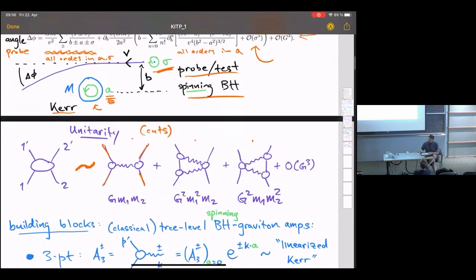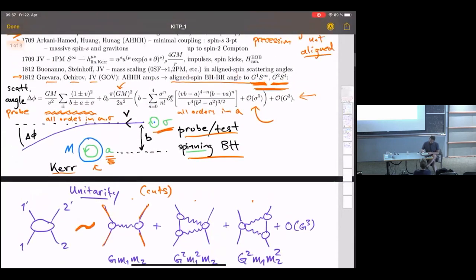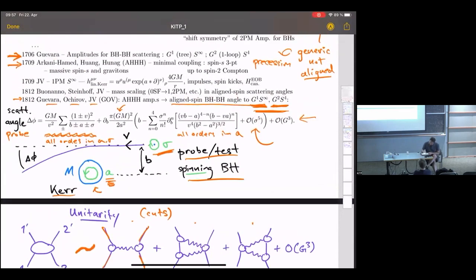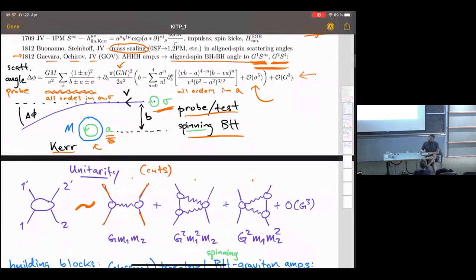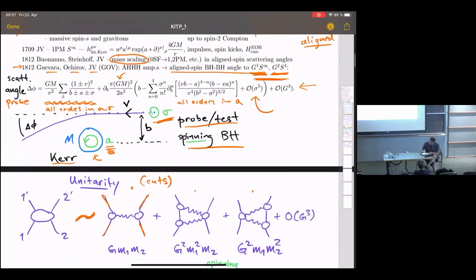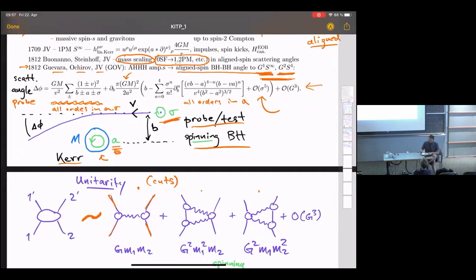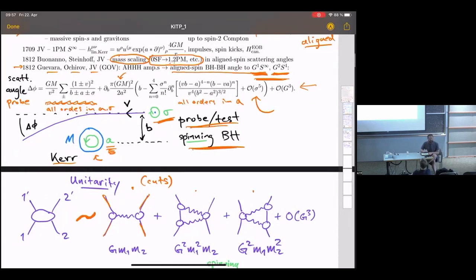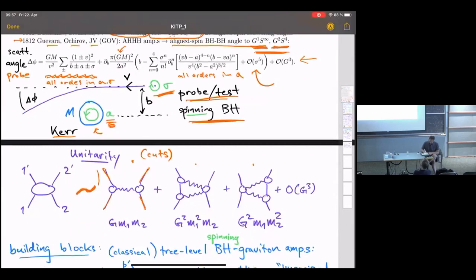And let me also mention here this mass scaling, which basically implies that we get the complete first and second post-Minkowskian order results for arbitrary mass ratios from this at least spinning probe limit, like I was talking about, because in good ways of organizing the calculation, let's say that part is the probe limit.